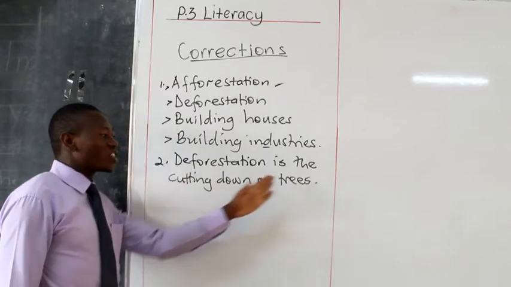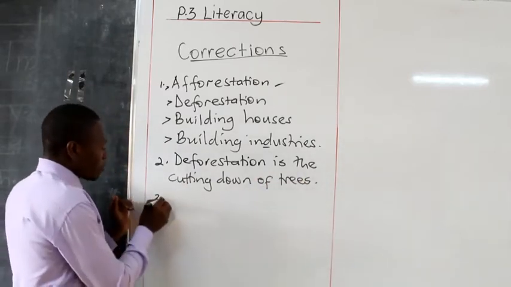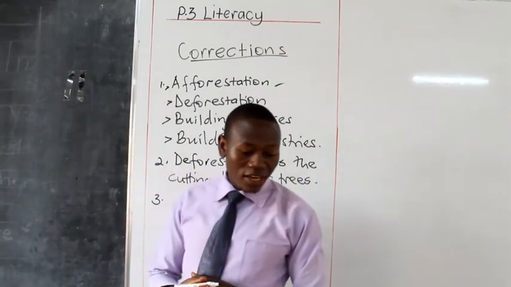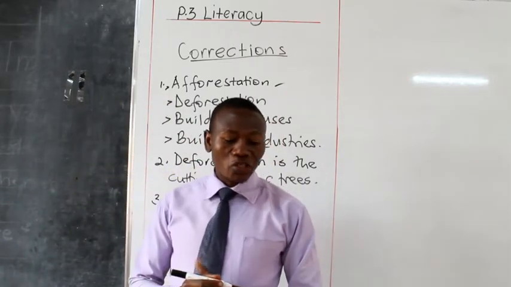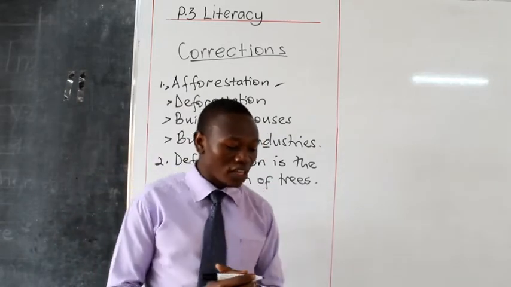Full stop. Deforestation is the cutting down of what? Trees. Full stop. We go to number 3, which was asking you to give 2 dangers of deforestation. What are the dangers of deforestation?